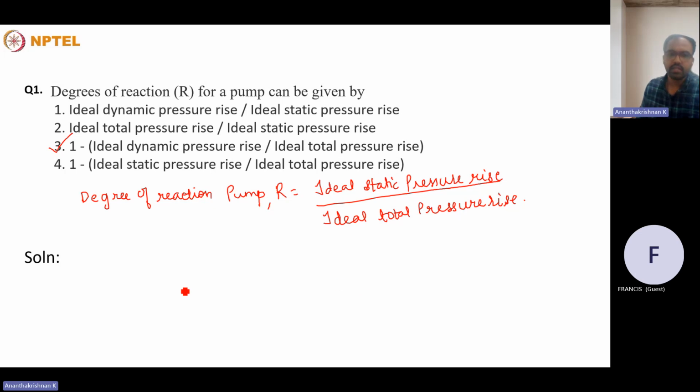The total pressure rise is equal to the sum of the static pressure rise and the dynamic pressure rise.